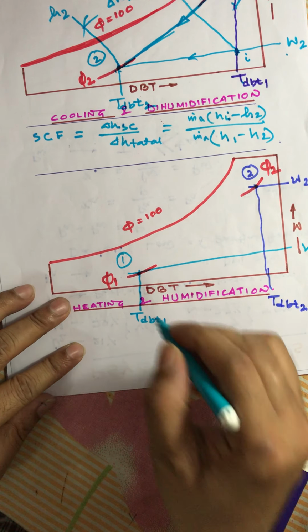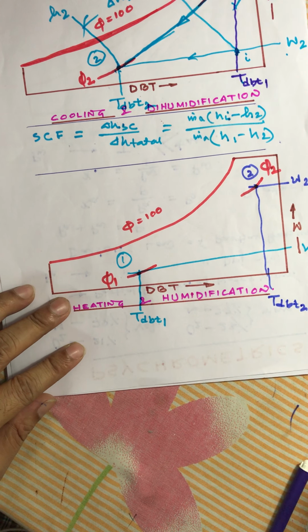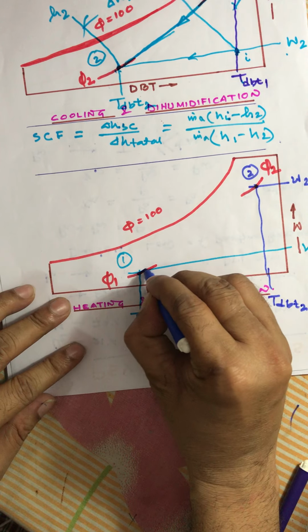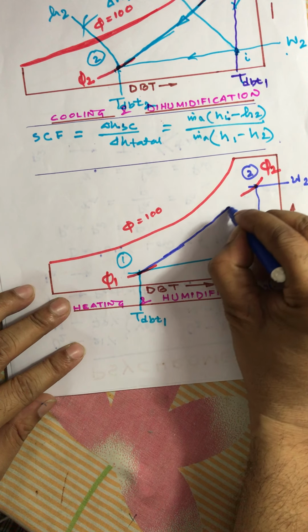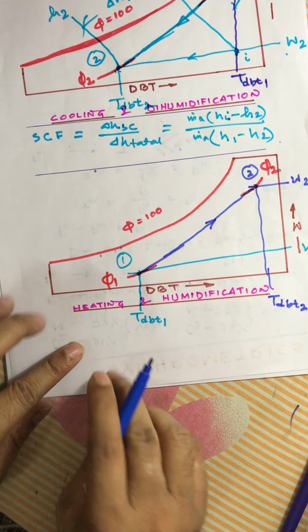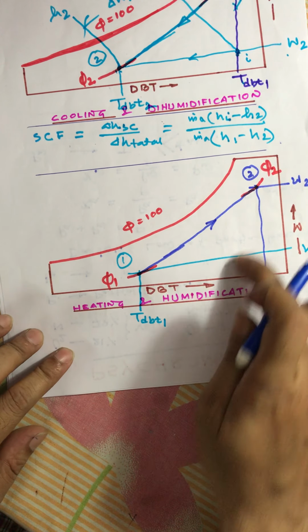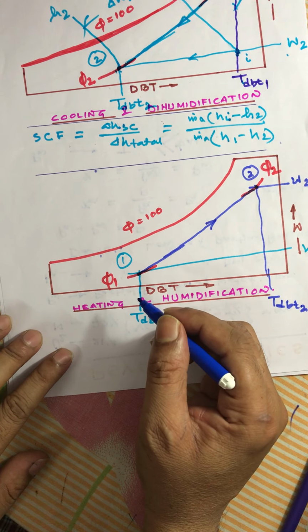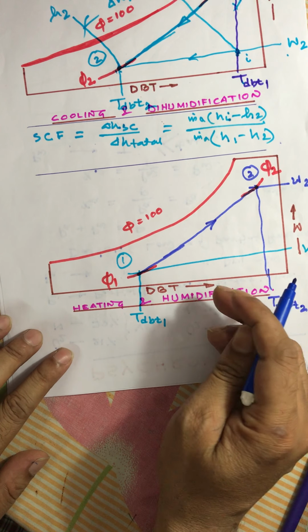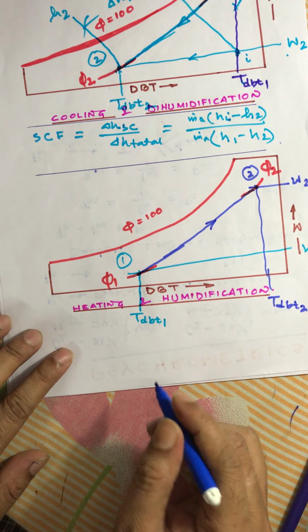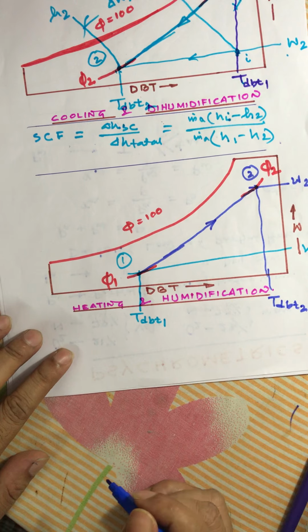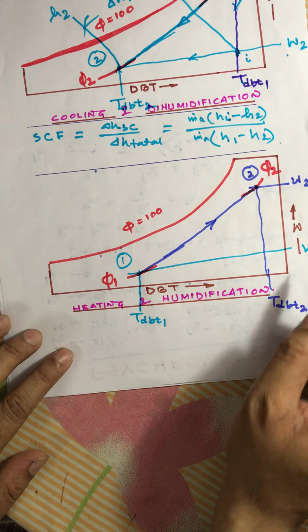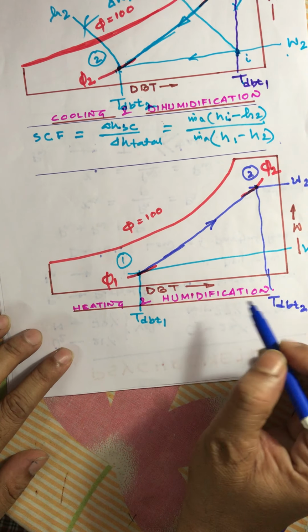This 1 to 2 process is nothing but heating and humidification. That means temperature is going to increase as well as humidity, because we can see W2 is greater than W1 easily.